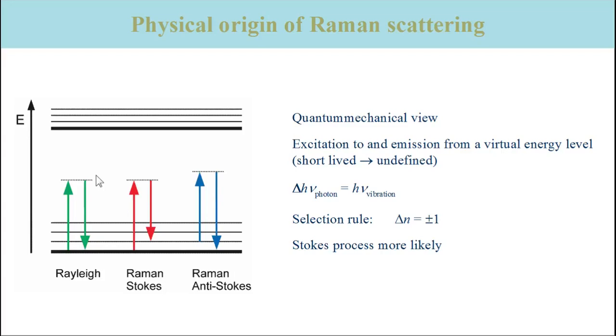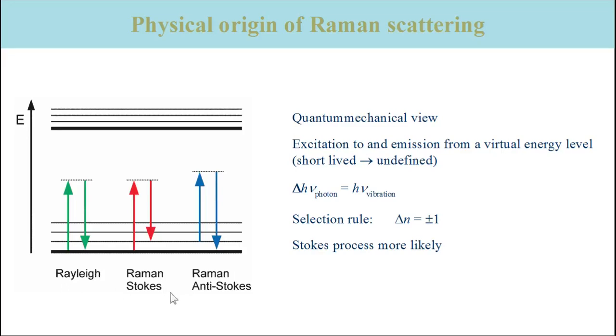The three processes differ in the energy of the scattered photon. In Rayleigh scattering, indicated by the green arrows, the photon energy of the scattered photon is the same as that of the incident photon. Therefore, there is no net energy transfer between radiation and molecule, and the final state of the molecule is the same as the initial state.